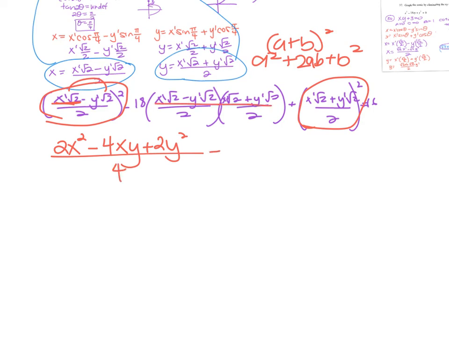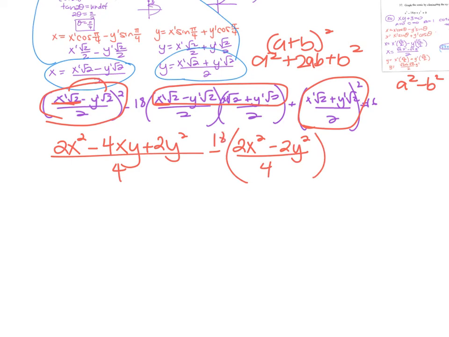Minus this is the difference of 2 squares. So that's just a squared minus b squared in the shortcut, which would be 2x squared minus 2y squared over 4. And 18 still in the front. And then the last one is just like the first one, except it's a plus in between. So 2x squared plus 4xy plus 2y squared over 4 equals 16.